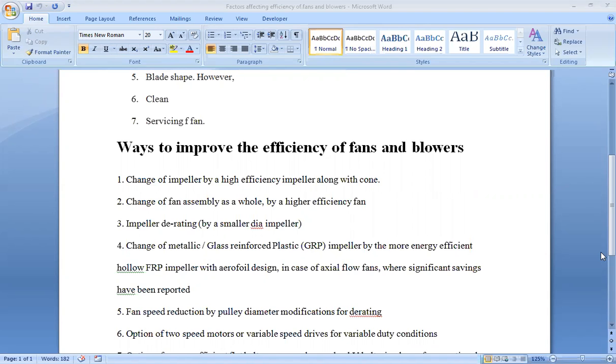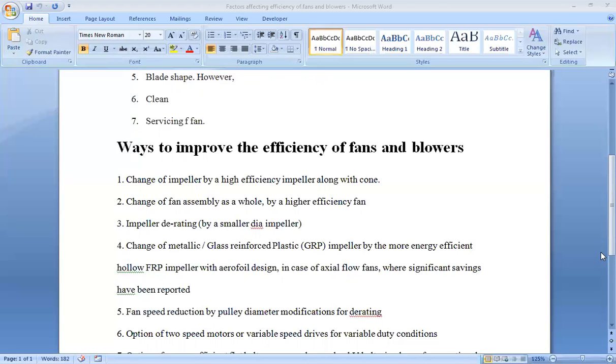Instead of that, we can use a glass reinforced plastic impeller, which is more efficient than the metallic blade, because the glass reinforced plastic blade is lighter in weight, it is even stronger, no corrosion takes place, there are a lot of advantages, life is more, and basically it creates lesser load on the motor than the metallic blade, so that the overall efficiency of the fan is increased.